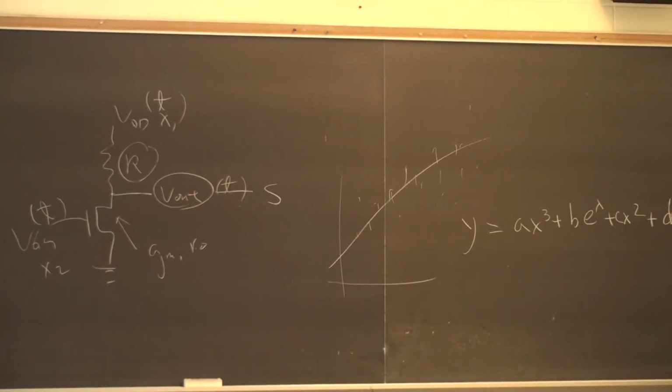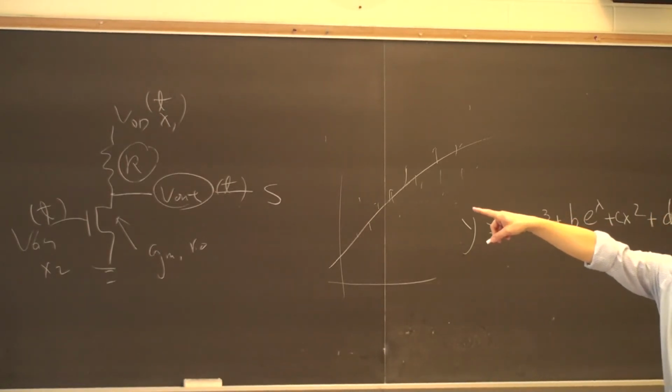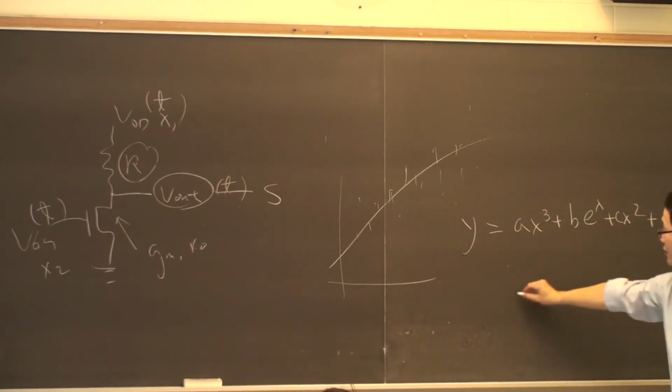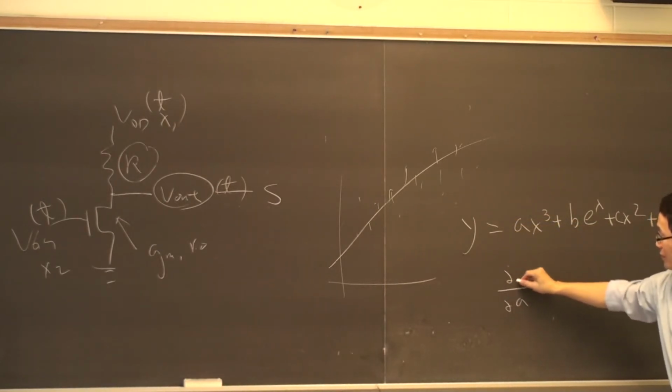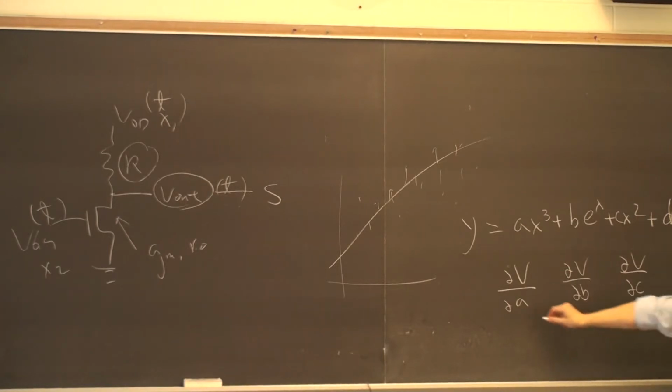This is your model, and then you can do exactly the same steps: take the known points, formulate the V, take the partial derivatives, and solve when these go to 0.